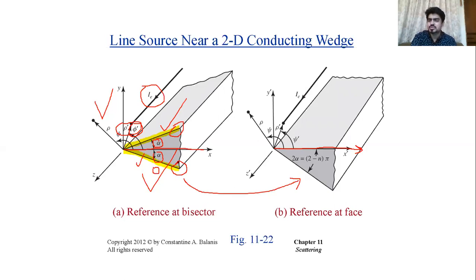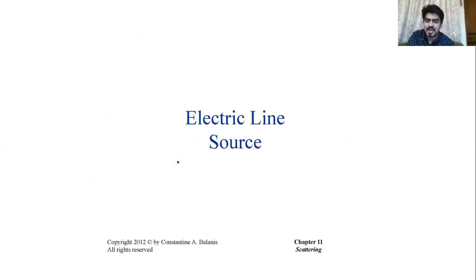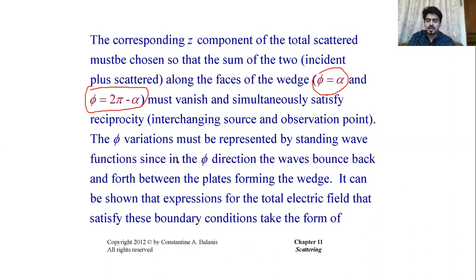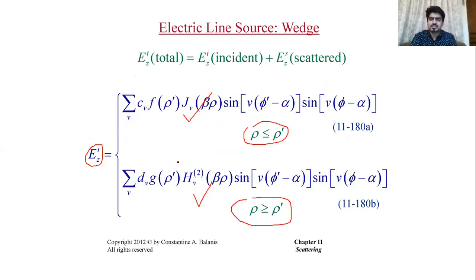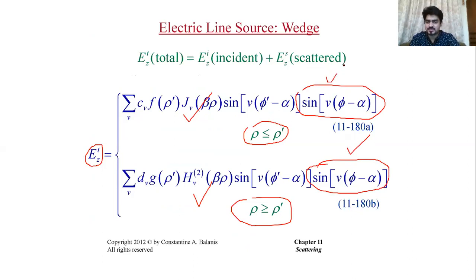So along those two surfaces, at phi equals alpha and phi equals 2 pi minus alpha, the total electric field should vanish. And in order to explain that, we add this additional sine function. So we add sine v times phi minus alpha, and then sine v times phi minus alpha. So we have those two in these two expressions.